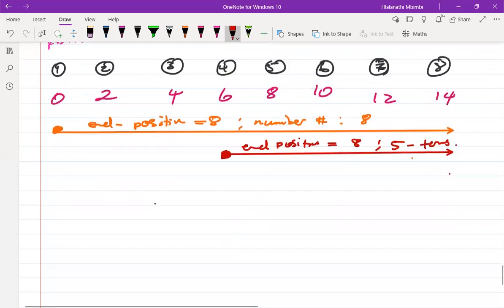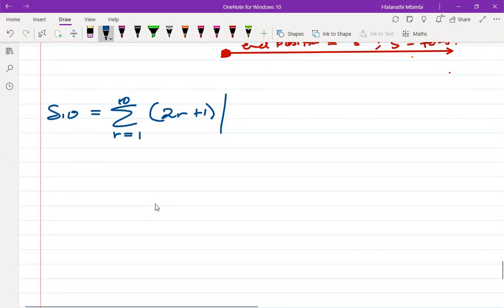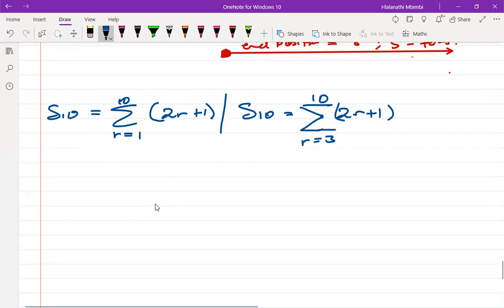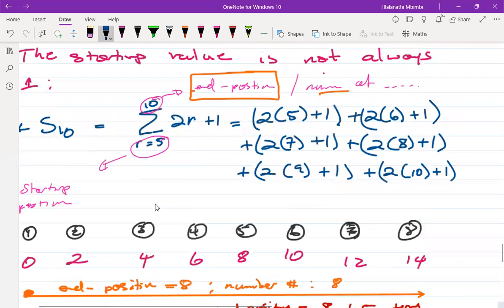And therefore, if someone gives you S10 and says this is the sum of 10 things, r is equal to 1, and this is 2r plus 1, and then gives you another one and says S10 is equal to the sum of 10, r is equal to 3, the same, or gives you another one where S10 is equal to the sum of 10, r is 0, and you are with 2r plus 1.